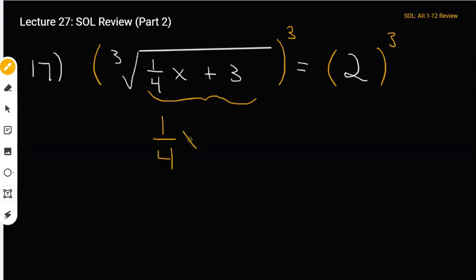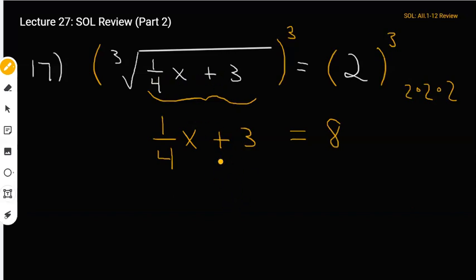So that way, whatever I have inside the radical is just going to come out the way it is. So 1/4 x plus 3. And then over on this side, I have 2 to the 3rd power. That would be 8, because that's 2 times 2 times 2. So now that I've gotten rid of the radical, I can do stuff to the inside of it.